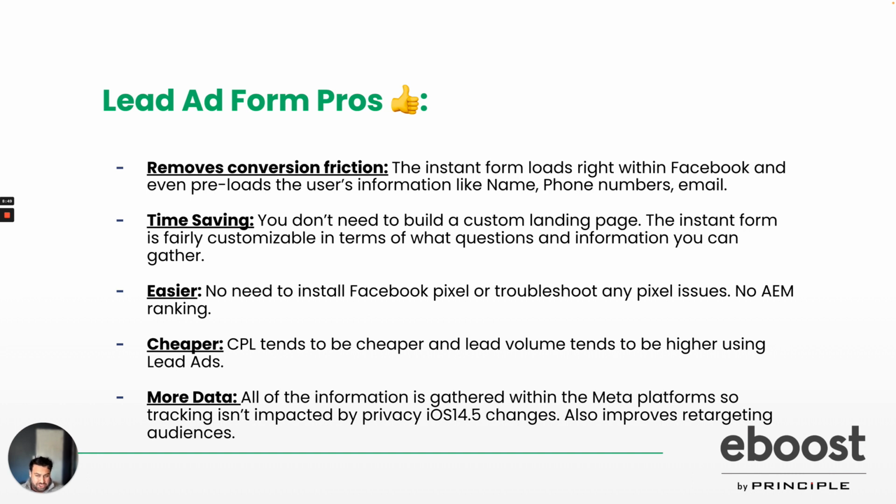Generally, it tends to be cheaper. This is one of my favorite reasons to use this ad form. Cost per lead tends to be a lot cheaper, and lead volume tends to be much higher using lead ads.